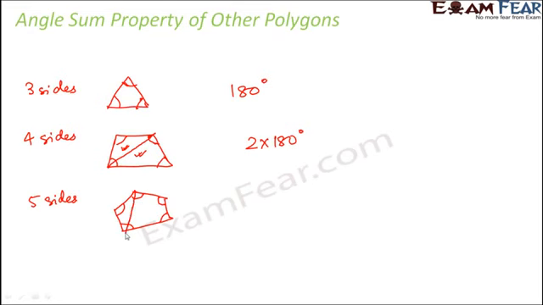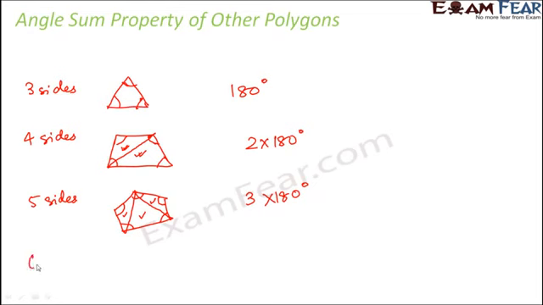So let us draw one diagonal. Now we are able to divide it into one triangle, and this is a quadrilateral, which can be further divided into 2 triangles. So basically we could divide this pentagon into 3 triangles. So in this case, the angle sum should be equal to 3 into 180 degrees, which is 540 degrees.